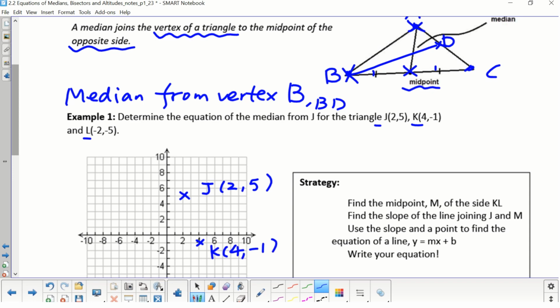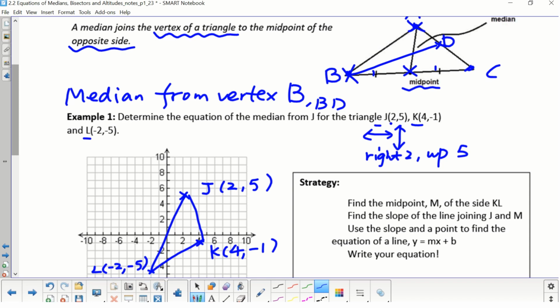And L is (-2, -5). So finding those x coordinate, y coordinate, you could remember x is left, right, y is up, down. So (2, 5) is from the (0, 0) point, right 2, up 5. So this one is right 2, up 5 from (0, 0).